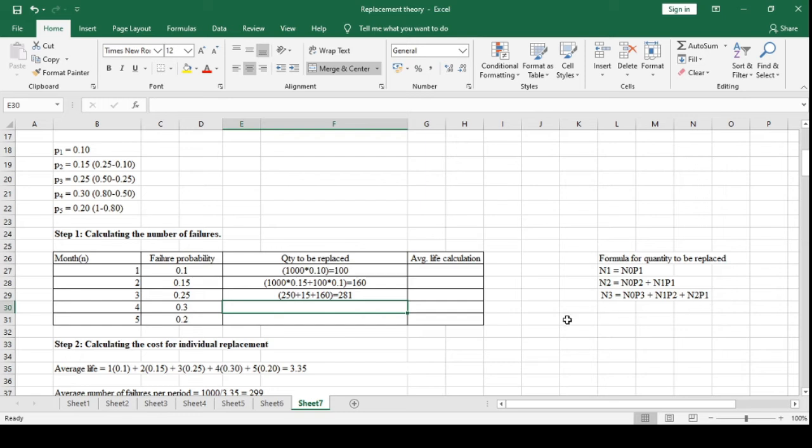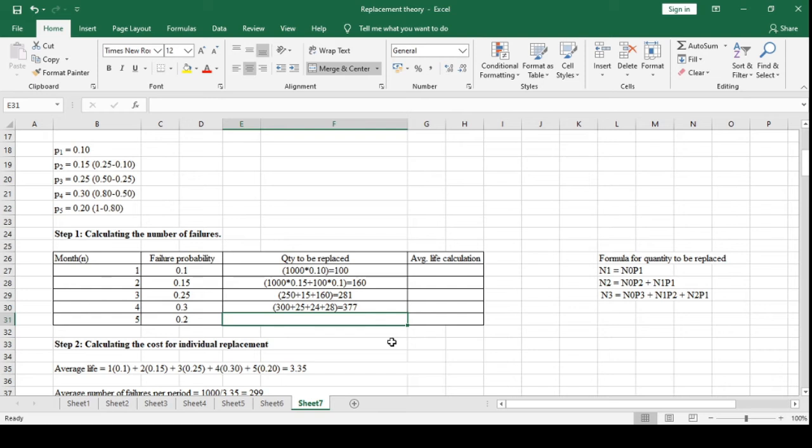So we will calculate the quantity to be replaced in the fourth month based on the formula. Your answer will be 300 plus 25 plus 24 plus 28. So the total quantity to be replaced is 377.